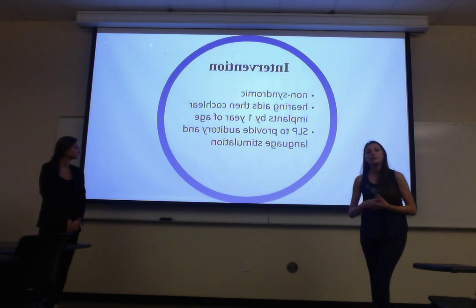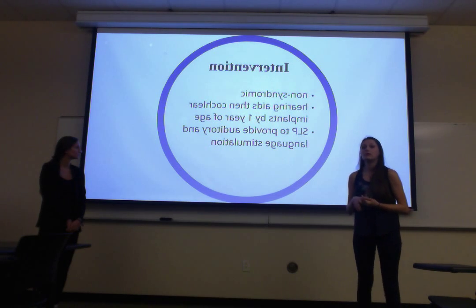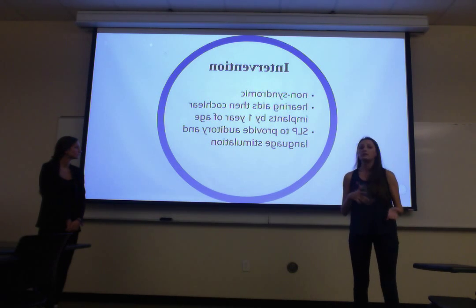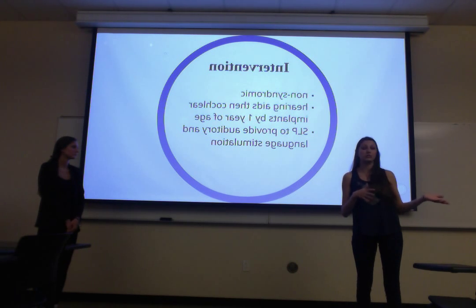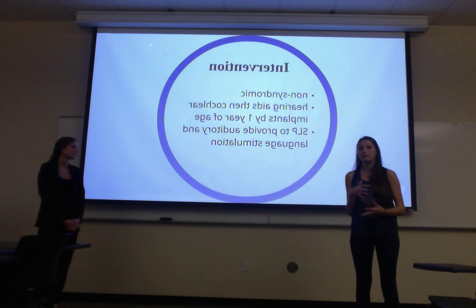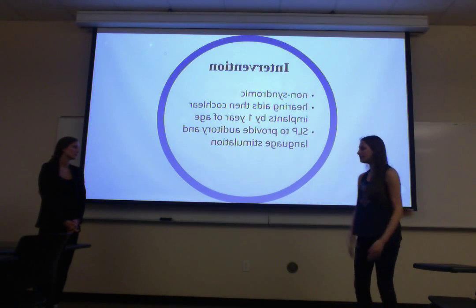They also provided her with a speech-language pathologist to do auditory and language stimulation, which would help her progress like a normal hearing child. And by the time she was a year old and getting used to those cochlear implants and working with the SLP, she was on the right track as if a normal hearing child would be.